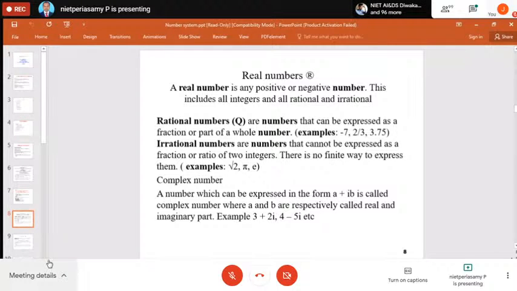Finally, complex numbers. You already know the definition. Any number which can be written in the form a plus ib is called a complex number, where a and b are respectively called the real and imaginary parts. Examples of complex numbers are 3 plus 2i and 4 minus 5i.